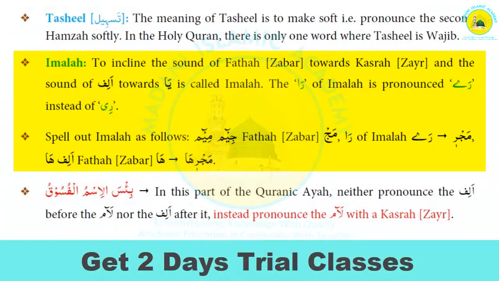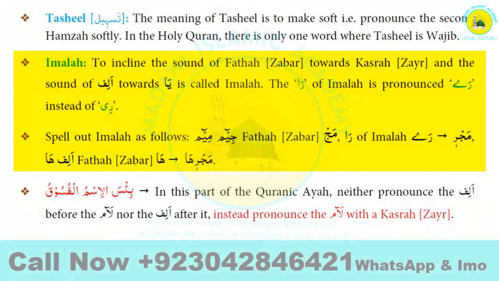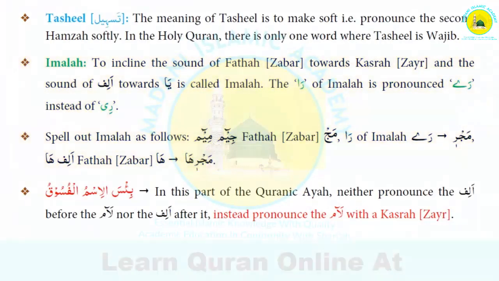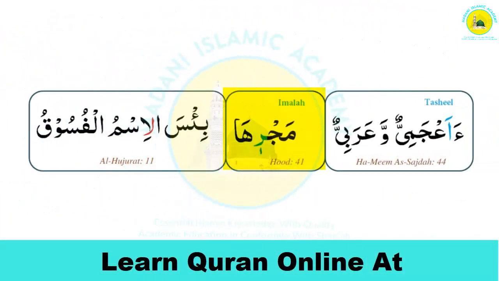Normally if you spell this word out it will be mim jim zabar maj, qalqala jim, ra khadi zer ri. That's how normally we read the khadi zer, don't we? But in this case we are not going to read it as ri, we are going to read it as re.